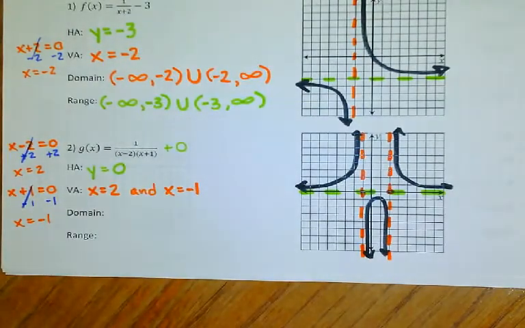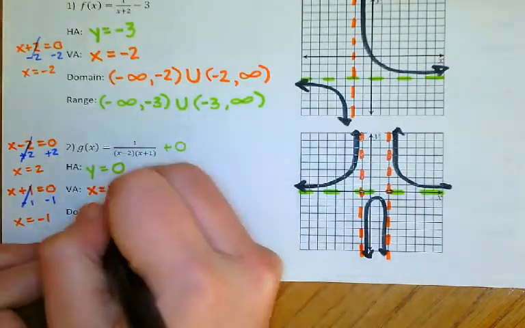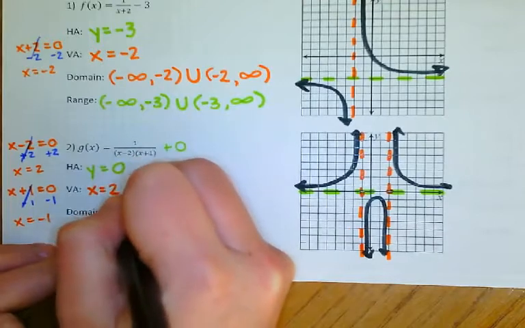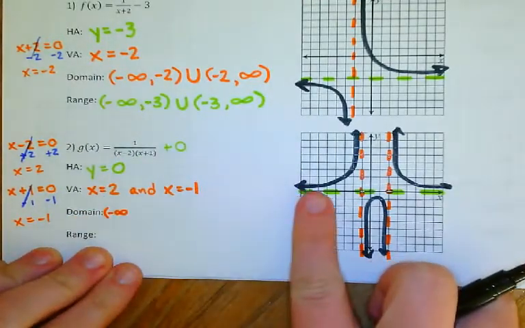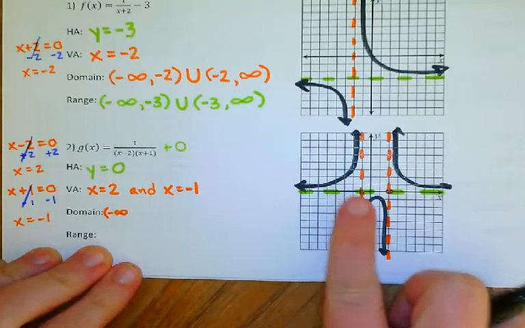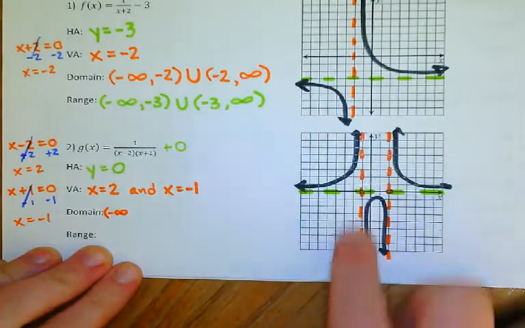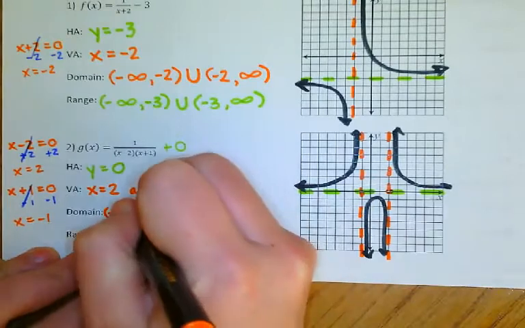Now for our domain, what's the farthest left our graph can go? Yeah, farthest left, -infinity. So we're going to have -infinity, and then as we come to the right, the first place we stop is at this orange line, which is at -1.